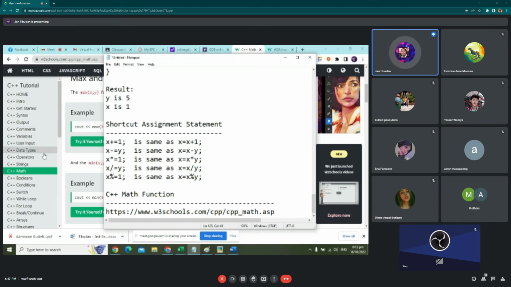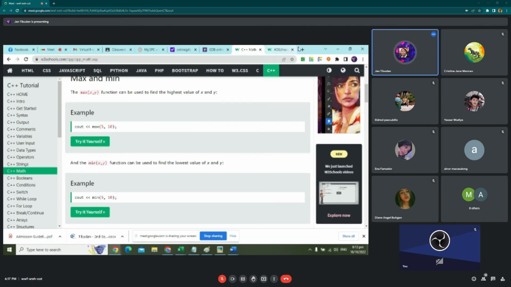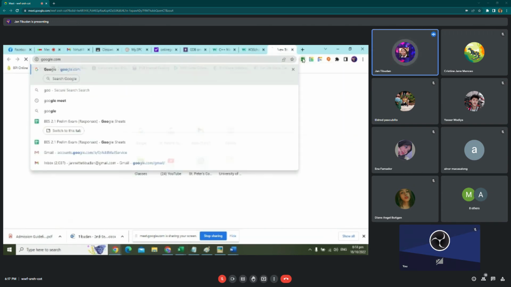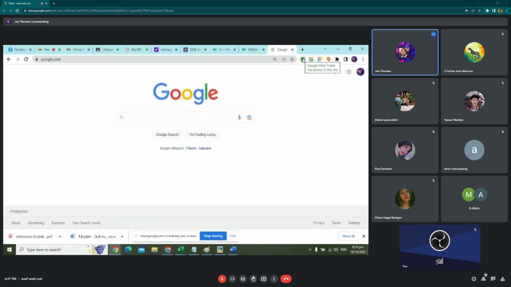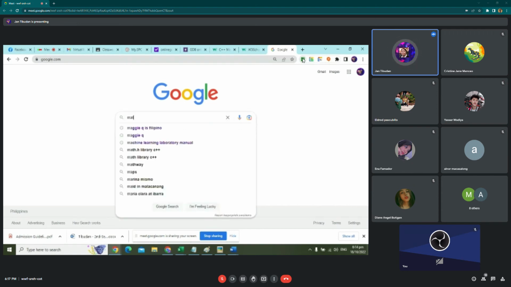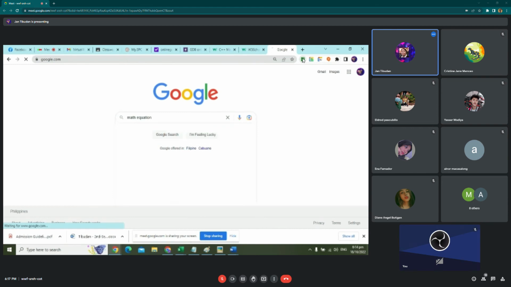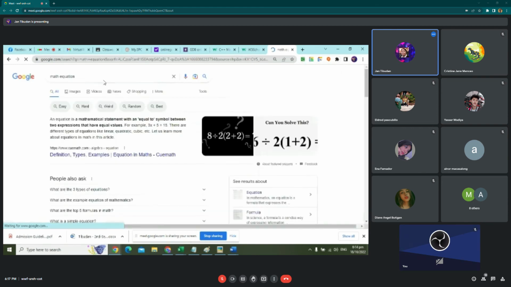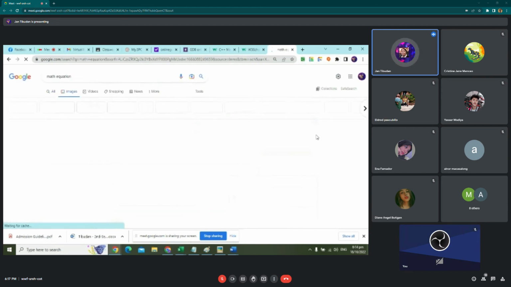Okay. So, for example, class, let's find an example nga equation. Let's say, for example, kanang, tawagan ni, math equation. So, mangita tag mga math equation.